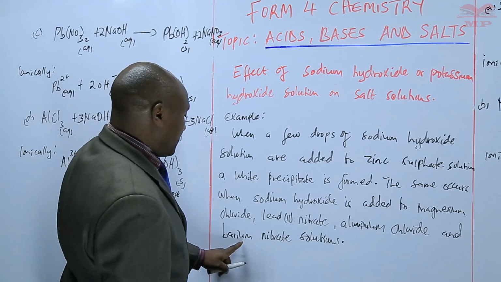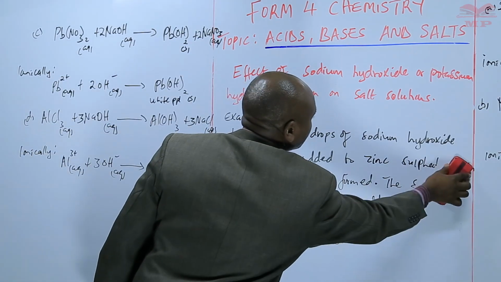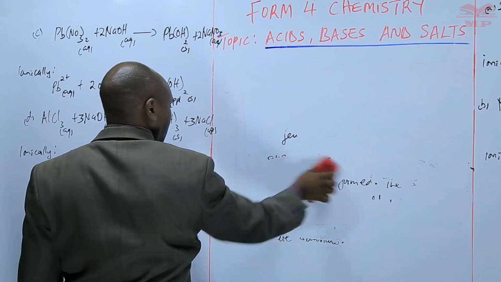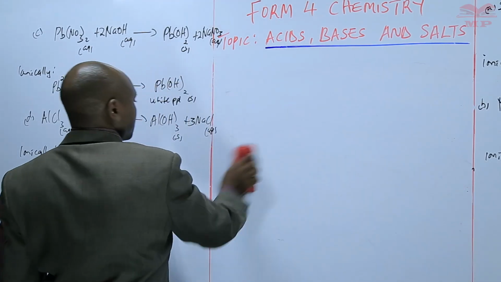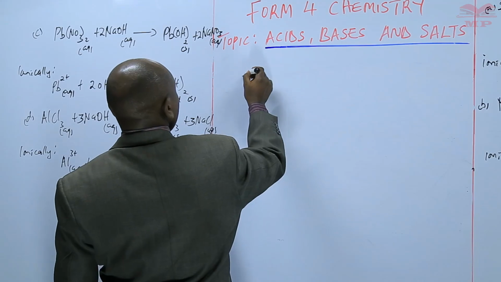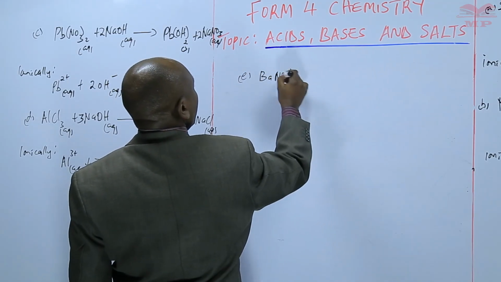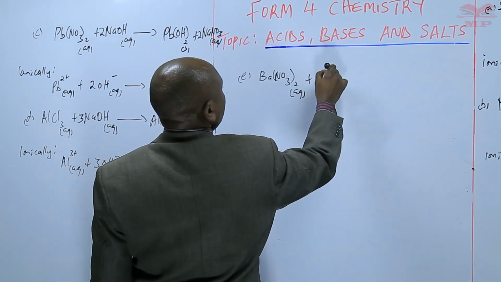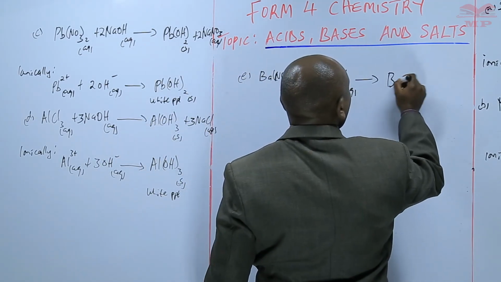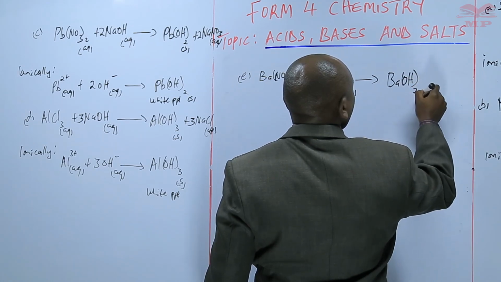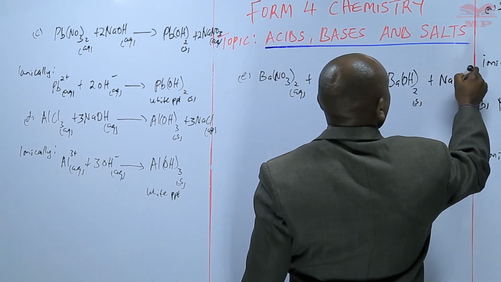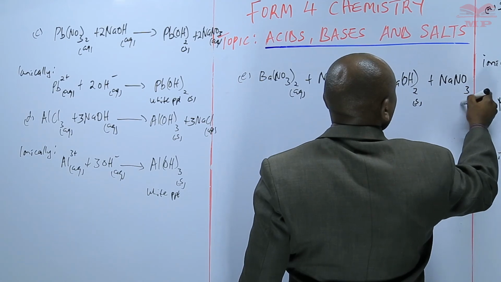And then lastly, number E, barium nitrate. Again, we add sodium hydroxide solution. We get barium hydroxide, which is a solid, and then sodium nitrate is the solution.